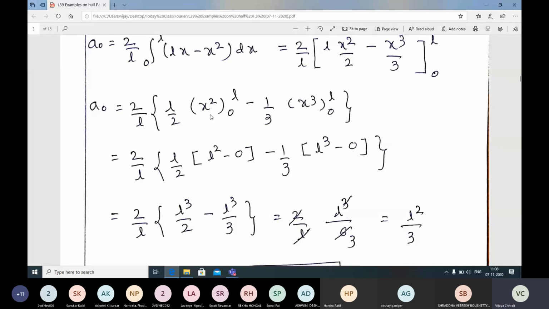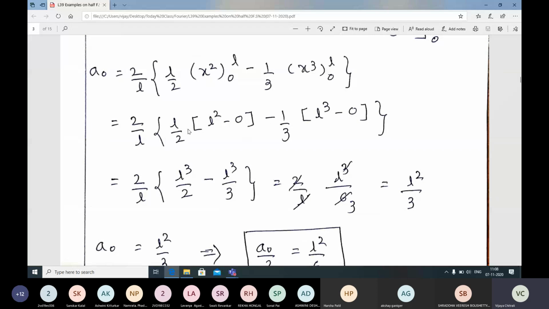Here substitute upper and lower limit, always upper limit minus lower limit. In place of x, L, L square, minus in place of x, 0. So you'll get this as 0, 0 square is 0. Next, minus this 1 by 3, in place of x upper limit, L cube, minus in place of x lower limit, 0. 0 cube is 0.